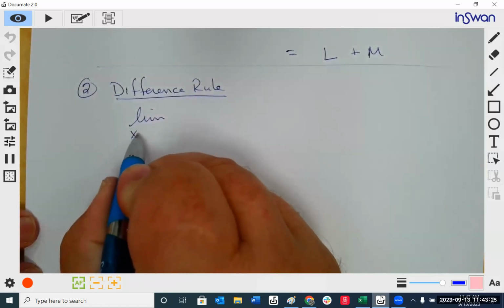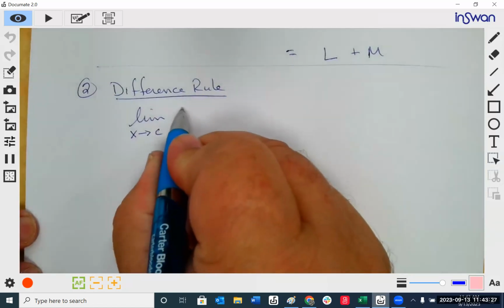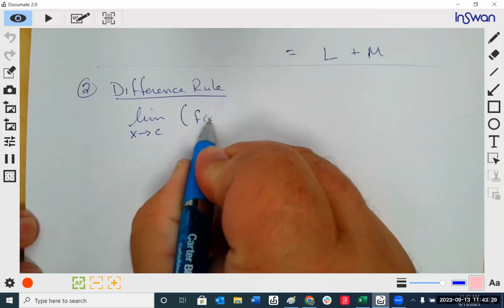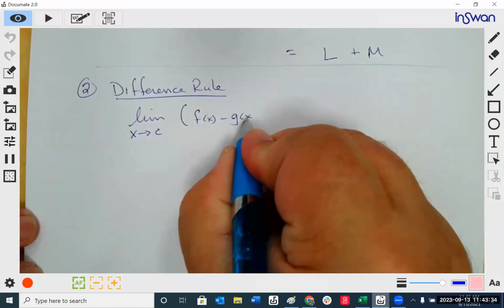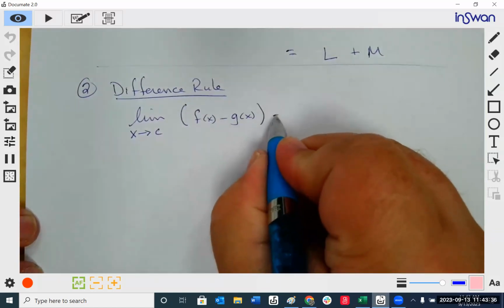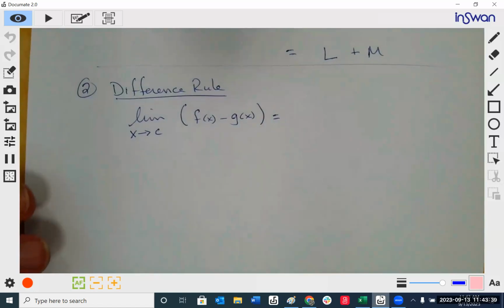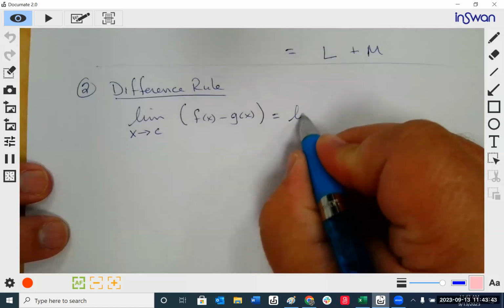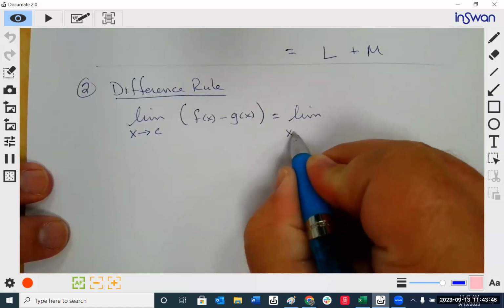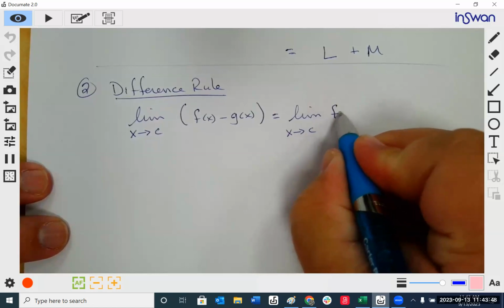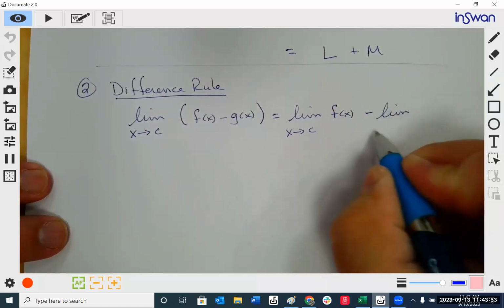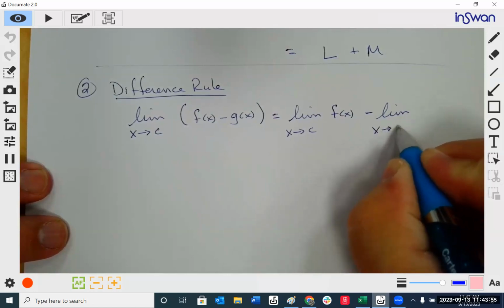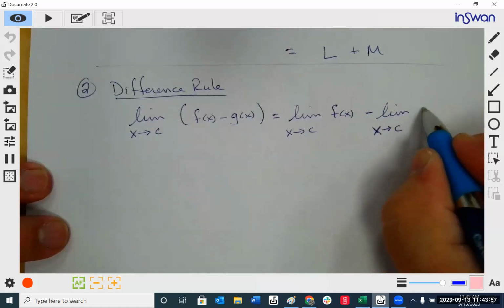The limit as x approaches c of f of x minus g of x becomes the limit as x approaches c of f of x minus the limit as x approaches c of g of x.